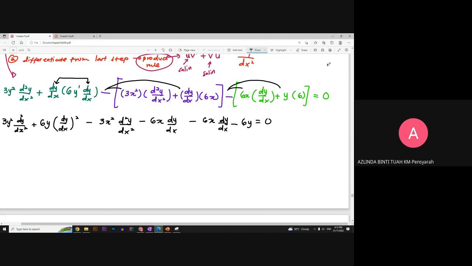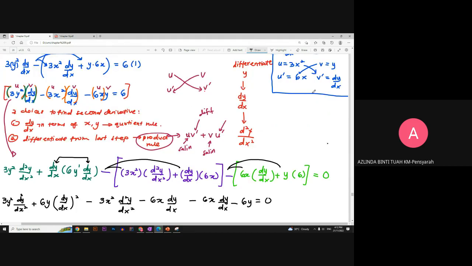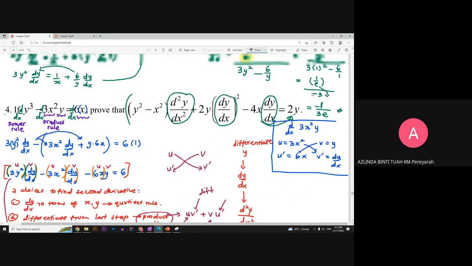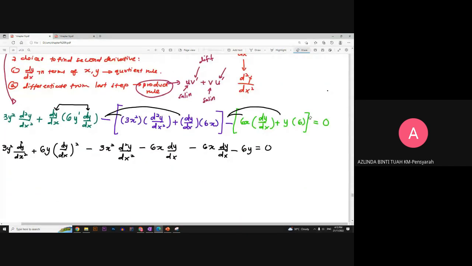Okay, surprisingly, kalau kita gunakan second method yang ini tadi, differentiate from last step, we apply the product rule. Surprisingly, kita akan terus dapat proof equation yang dia minta ni. Sebab as you can see, step dekat sini kita dah boleh nampak dah. Something equals something dekat sini.